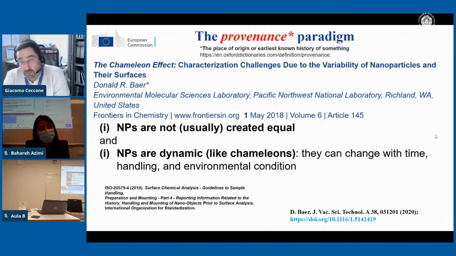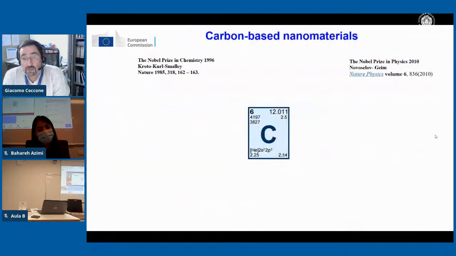This was already demonstrated in the time of catalysis reactions in the 80s, but it comes out very strictly, for instance, when you analyze cerium oxide nanoparticles, where the cerium oxide is able to change between 3+ and 4+, even during the analysis. So it can be very challenging to determine the chemistry of the surface of a nanoparticle.